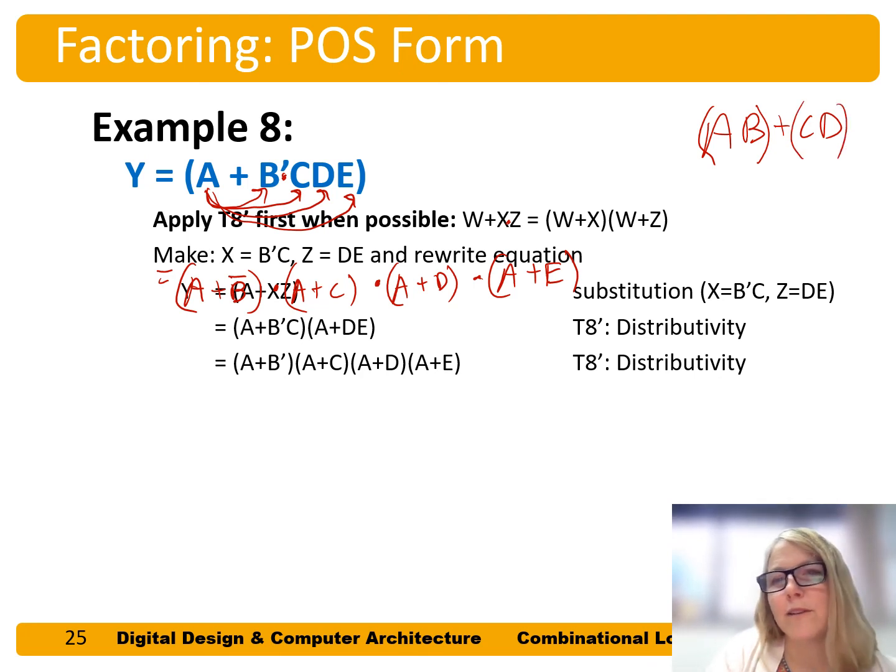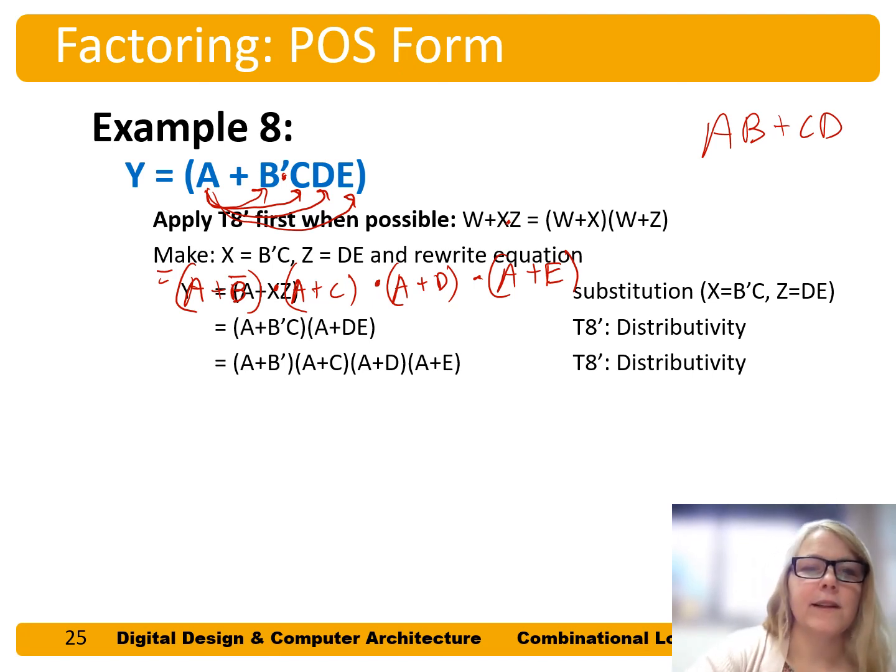So you can put those parentheses in, but you don't need to, because and has precedence and will take place first. But here we do need them: if we didn't put these parentheses in, for example, B bar and A would happen first. So we need to keep those parentheses.